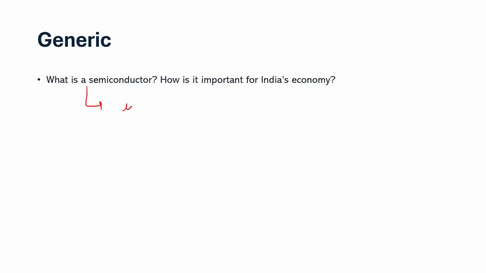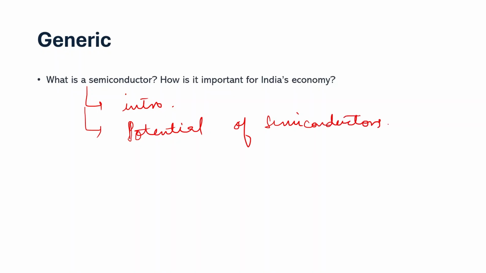What you can do is, in the introduction, you definitely have to define what is semiconductor, right? Then you can write about the potential of semiconductors, which will basically be the applications of semiconductors, right, in different sectors like electronics, in defense electronics, in your advanced technologies, right, in communication electronics.